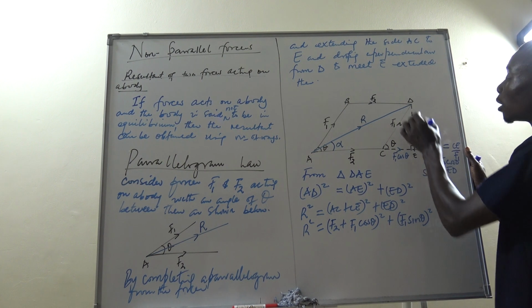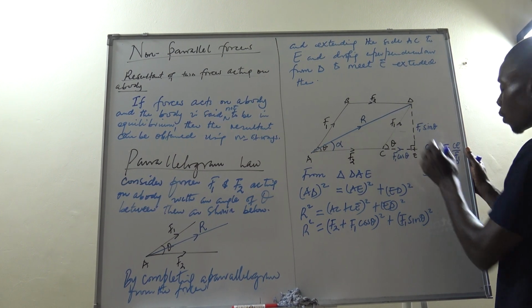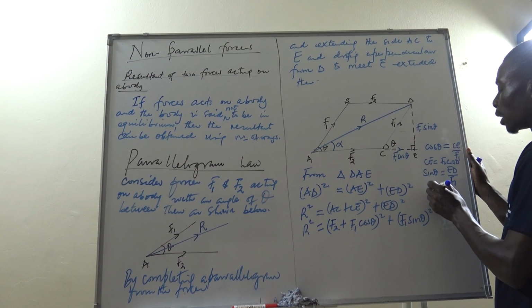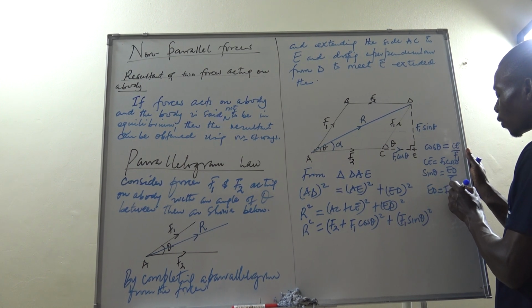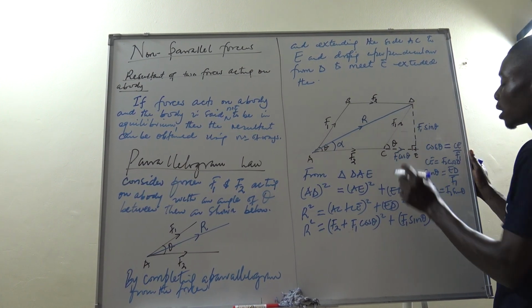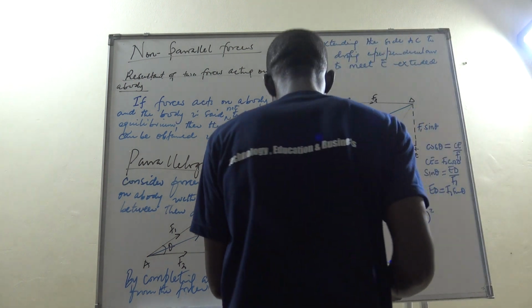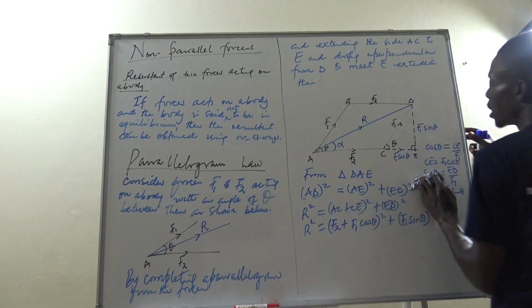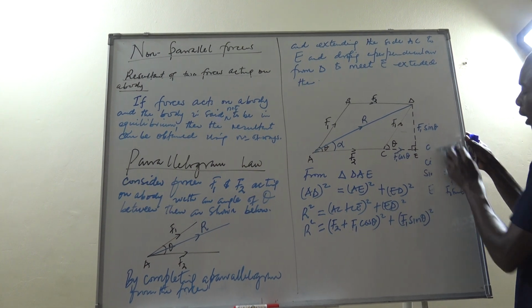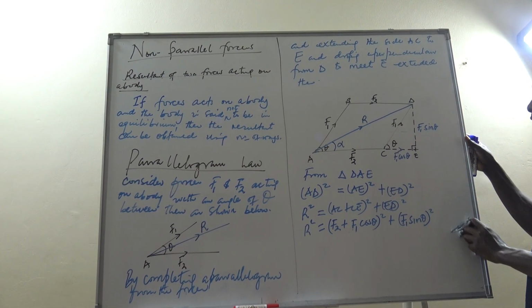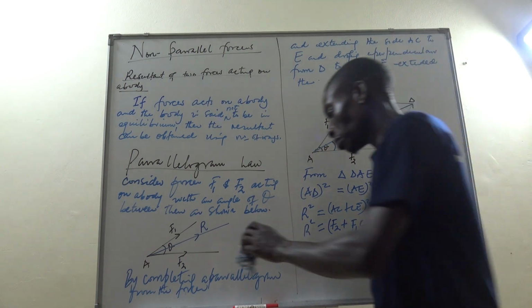Which is ED, the opposite over the hypotenuse, the force F1. So you realize ED is F1 sine theta. That's how I got that. So don't ask yourself how comes and how goes. This is still the idea of getting the component of a given force.